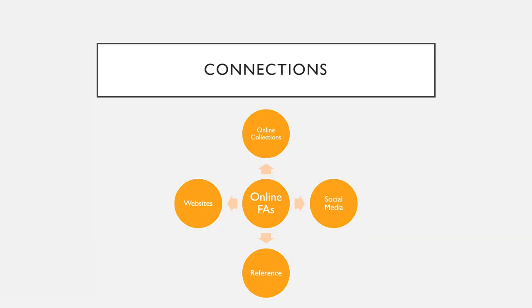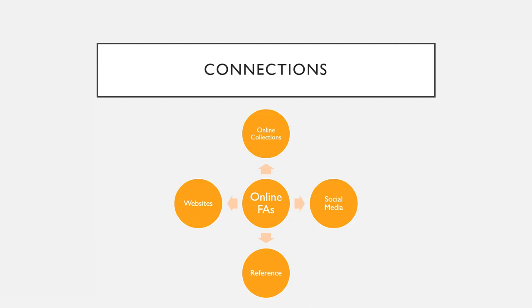When we looked at the website for the American Heritage Center earlier on in the semester, it wasn't terribly clear how to get to their online finding aids, and this can be a big barrier between the researcher and the information that they're looking for. So why would you spend a ton of time and money developing finding aids and placing them online if it's difficult for researchers to find them?